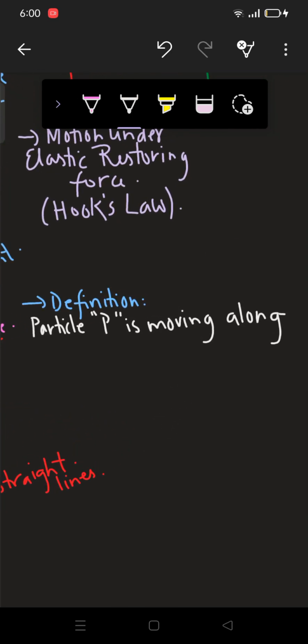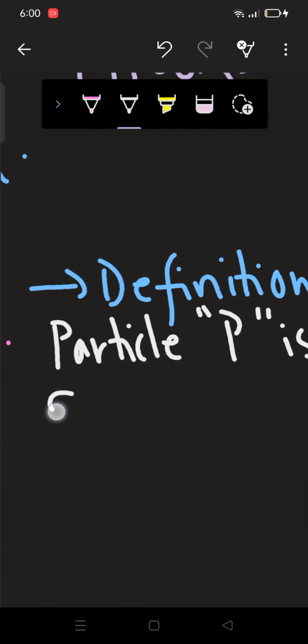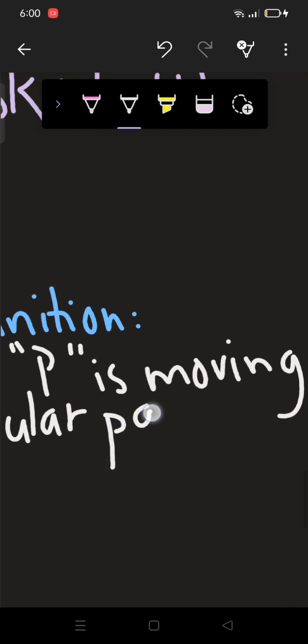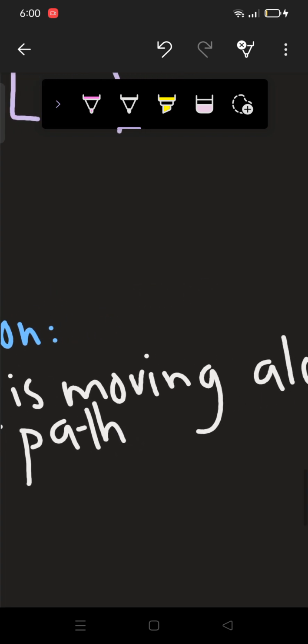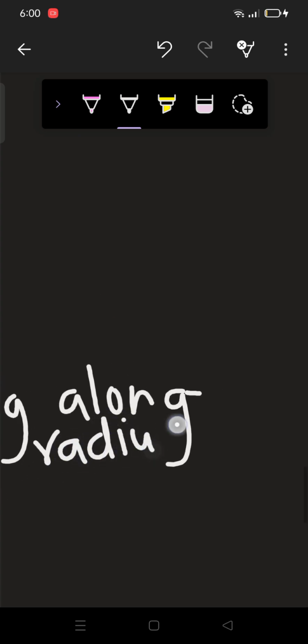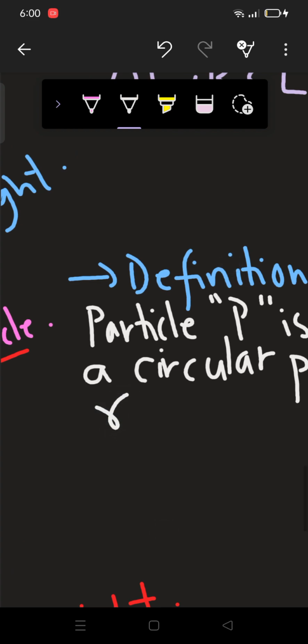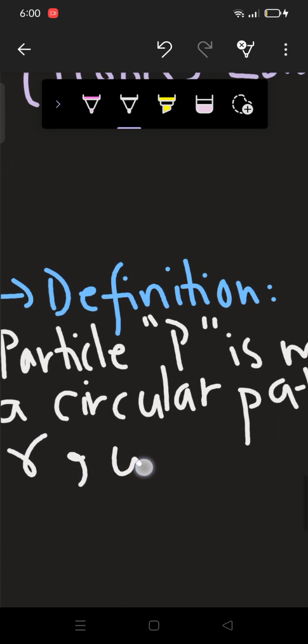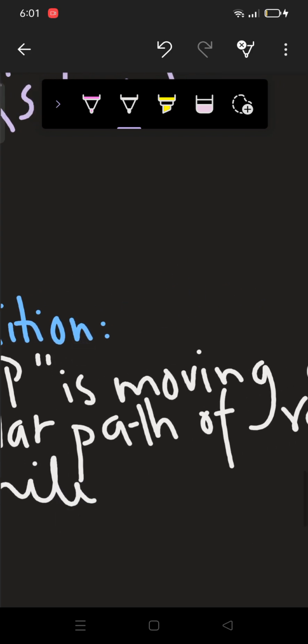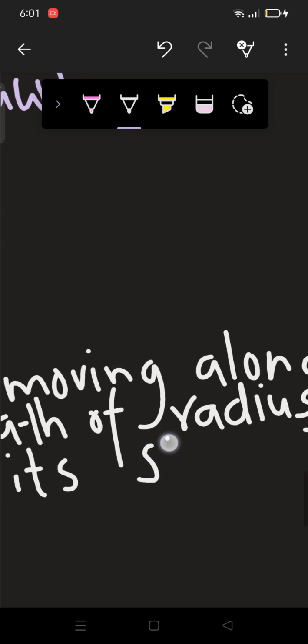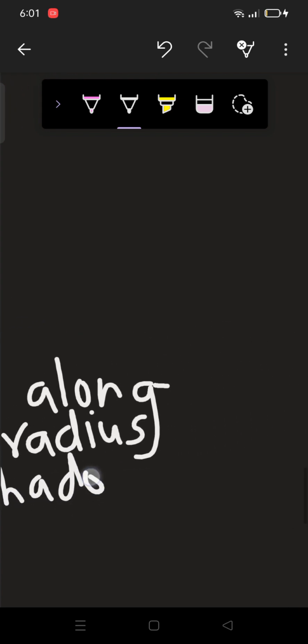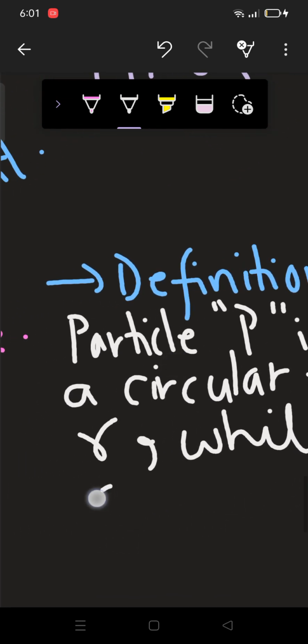Particle P is moving along a circular path of radius r, while its shadow, or you can say projection, Q. See, we have named the shadow, the projection of the particle, as Q, and we have named the particle as P, right?